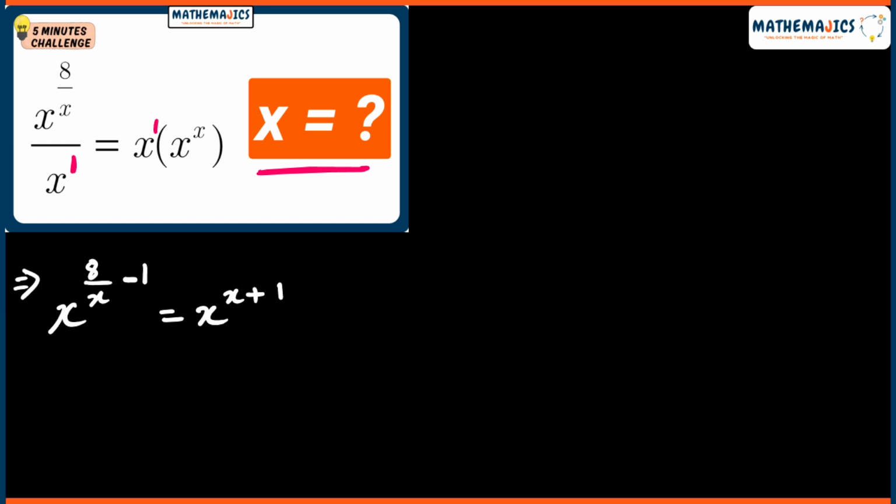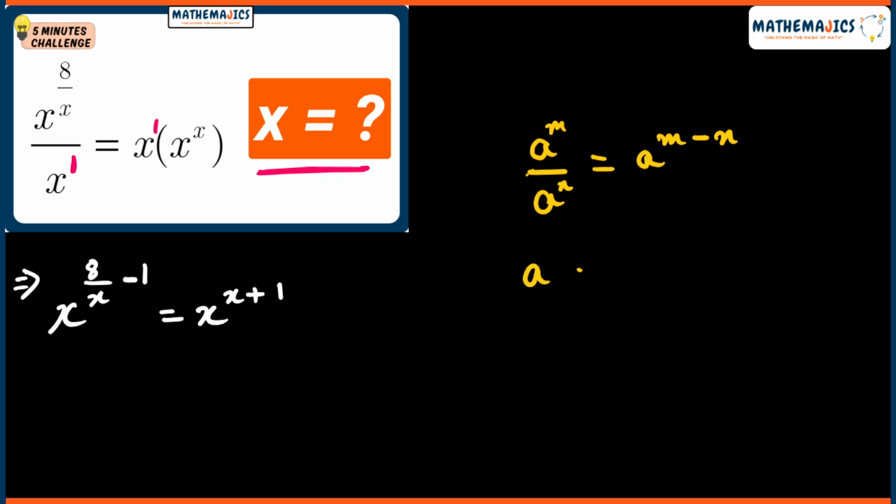So why am I writing so? Let's see. There are certain rules of exponents. These rules say that if we are dividing two numbers, we can write them in the form of a numerator and denominator also. If the base number is the same, but the powers are different, and two numbers are divided, then the powers are subtracted: the power of numerator minus the power of denominator.